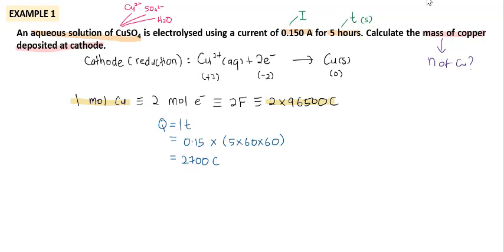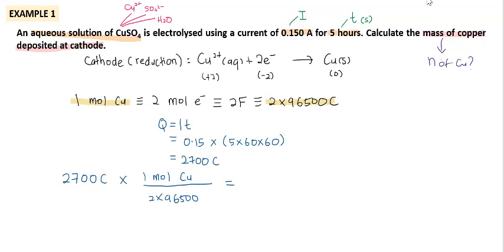By using the conversion factor, we have 2700 coulomb times, we don't need the coulomb here, so the coulomb will be put at the bottom and we need the moles, so we are going to put moles at the top.